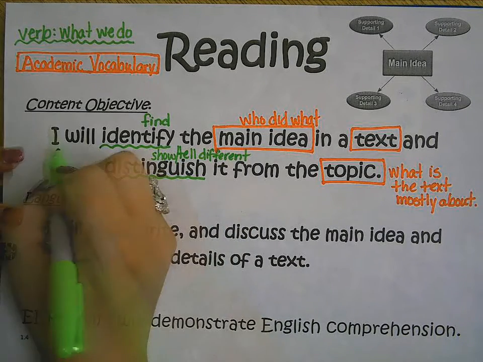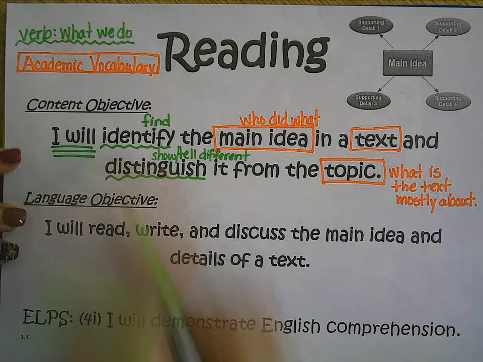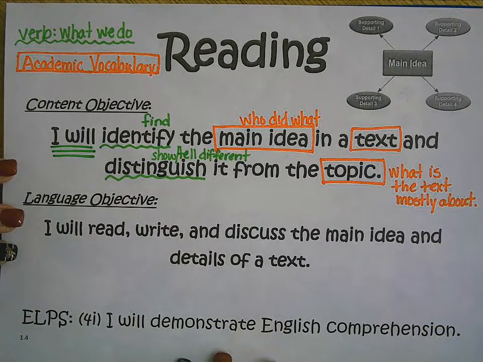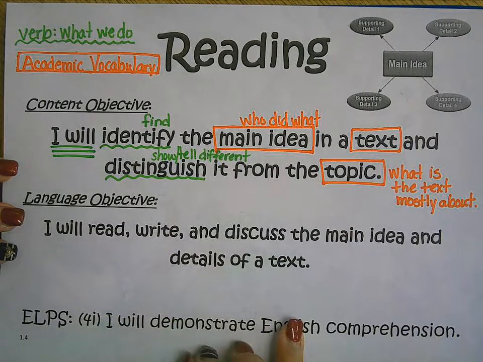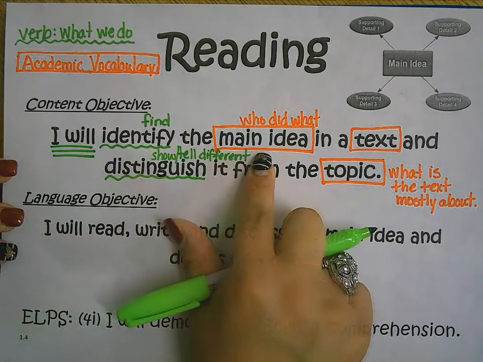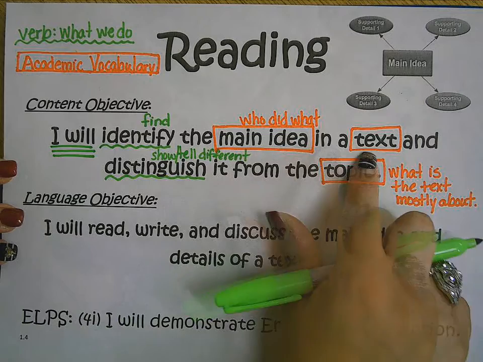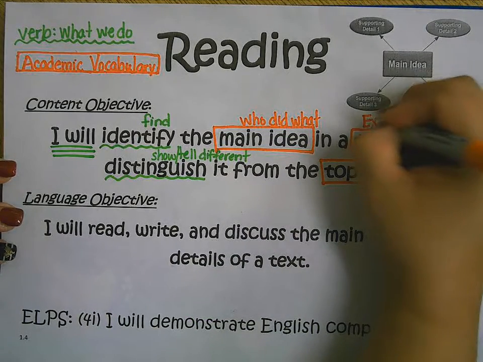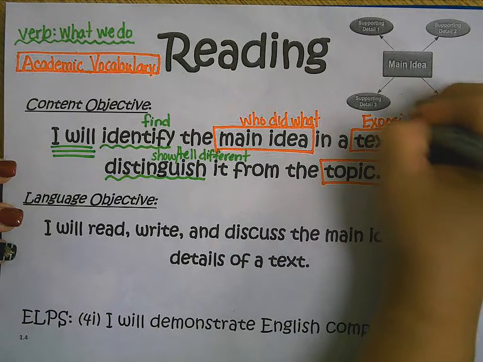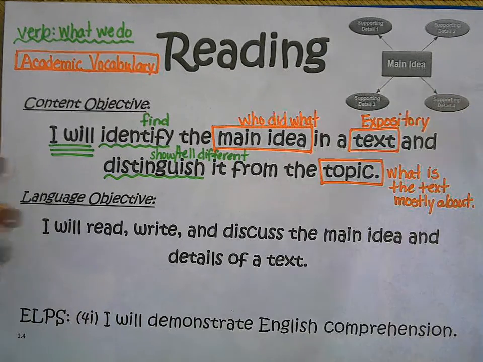No? And this is what you will do. I will. That is, you will. Identify and distinguish. What are you going to identify? The main idea. The who did what. In what? A text. This week we are working with expository text.